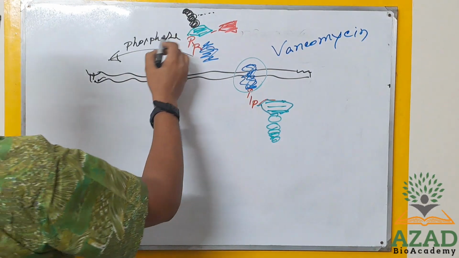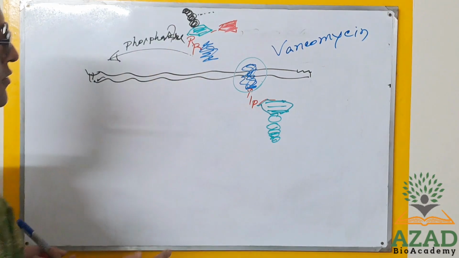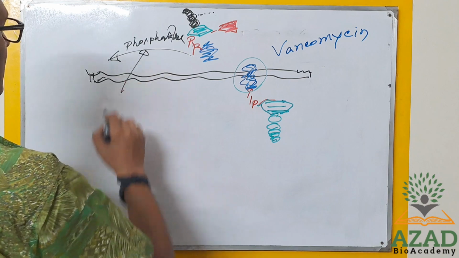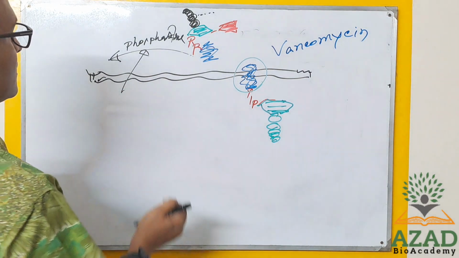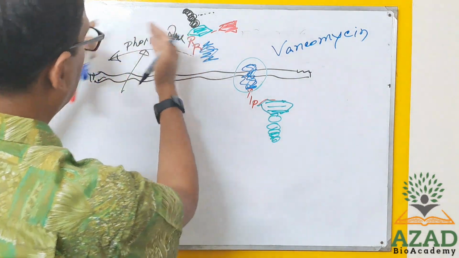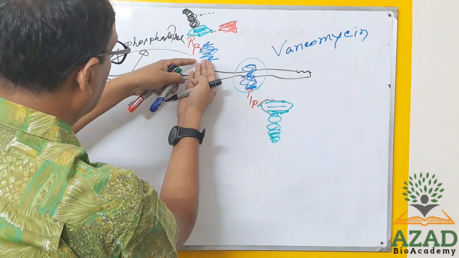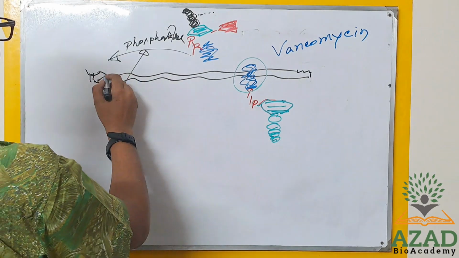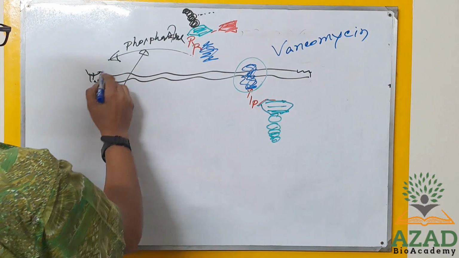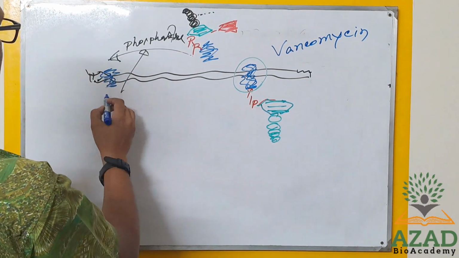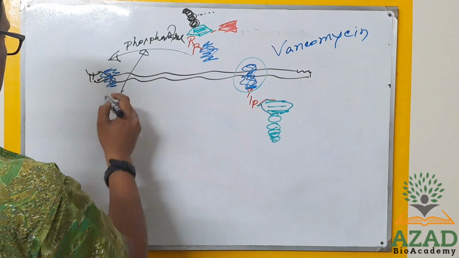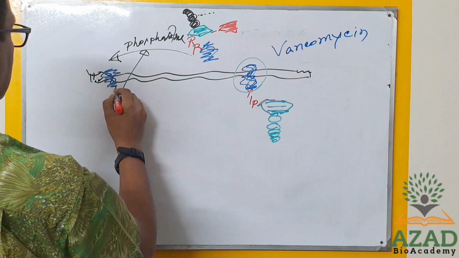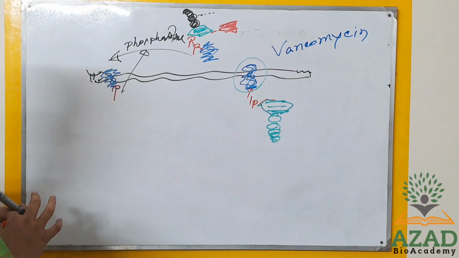Okay, so now another enzyme, that is phosphatase. This phosphatase enzyme will be inhibited by an antibiotic that will inhibit the dephosphorylation, and it will inhibit the embedding of the bactoprenol into the membrane. So who will do that?